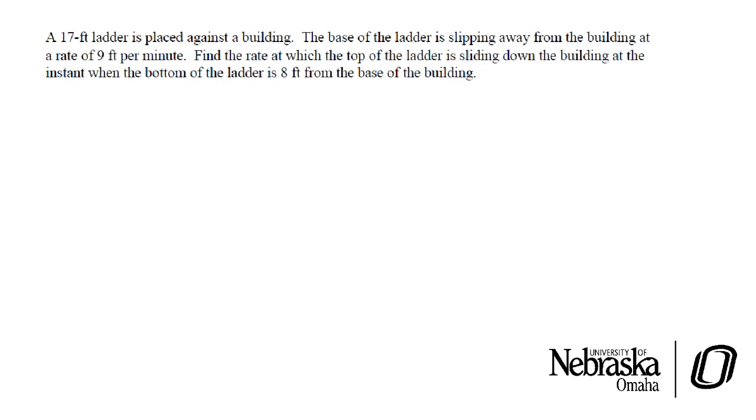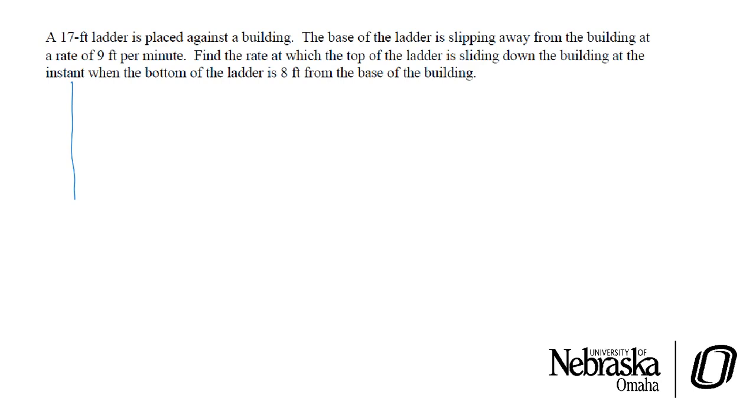Okay, next example. A 17-foot ladder is placed against a building. The base of the ladder is slipping away from the building at a rate of 9 feet per minute. Find the rate at which the top of the ladder is sliding down the building at the instant when the bottom of the ladder is 8 feet from the base of the building. Okay, so this one let's draw.